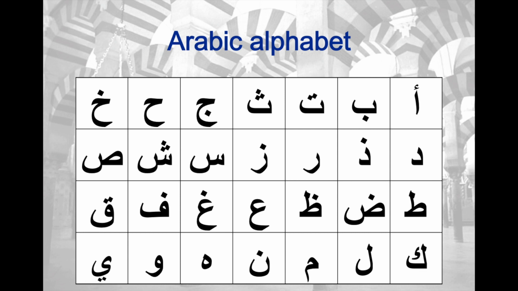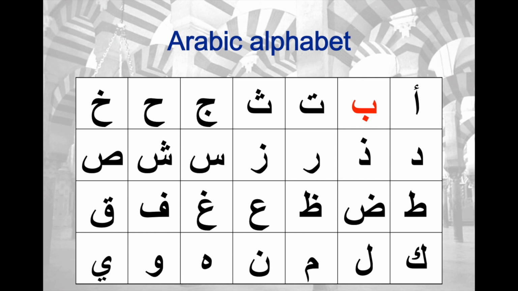Let's move now to the Arabic alphabet table. Now you know the letter ba. You know how it is written in the beginning, but also in its isolated format. Let's try to localize it in this table. So, did you find it? Yes, it is in the second position of this table. The letter ba is an easy letter.